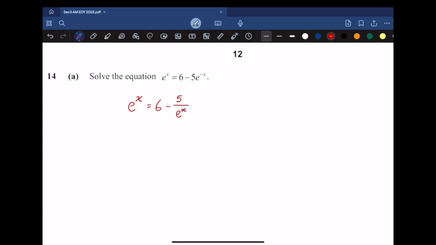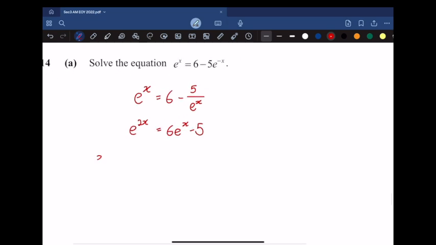Then, to get rid of this fraction, I can multiply the whole equation by e power x. On the left side, I'll get e power 2x by the laws of indices: e power x times e power x is equal to e power 2x, equals 6 e power x minus 5. Then to solve this equation, I can shift them all to the left hand side.